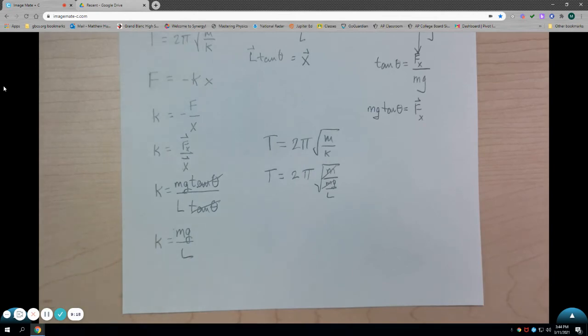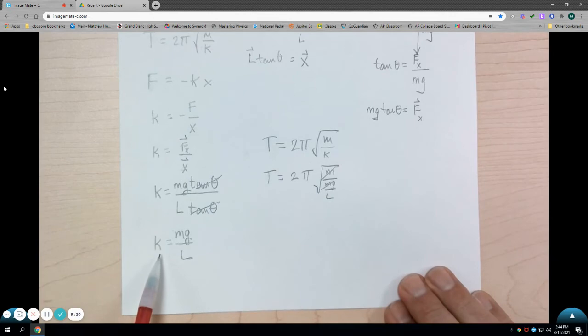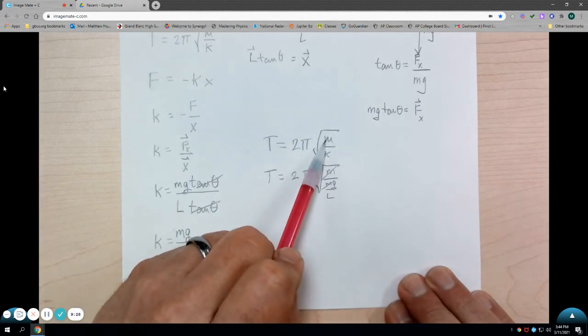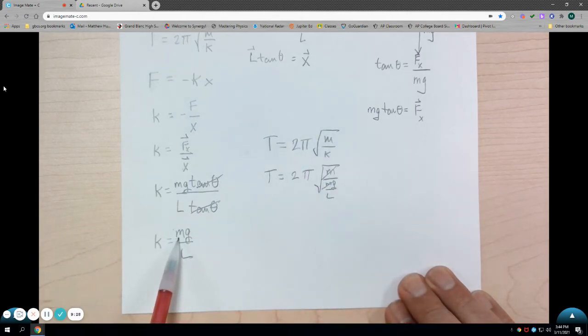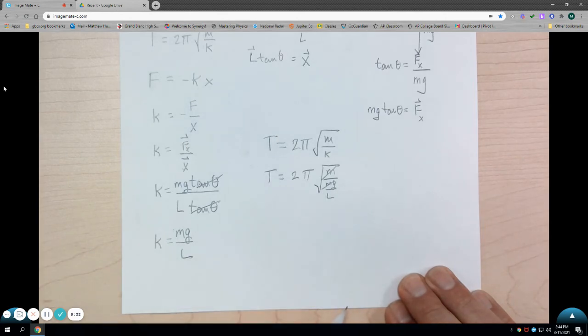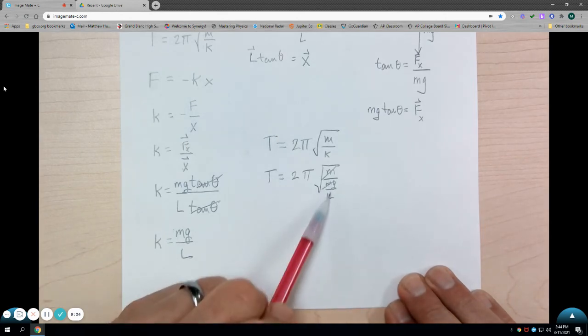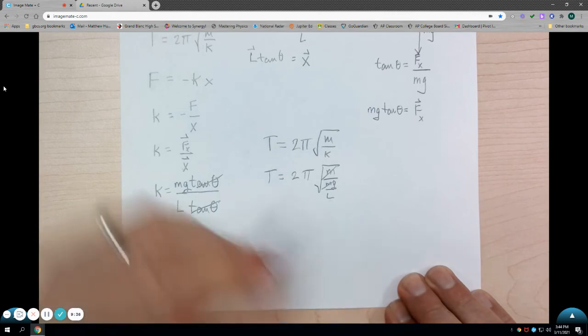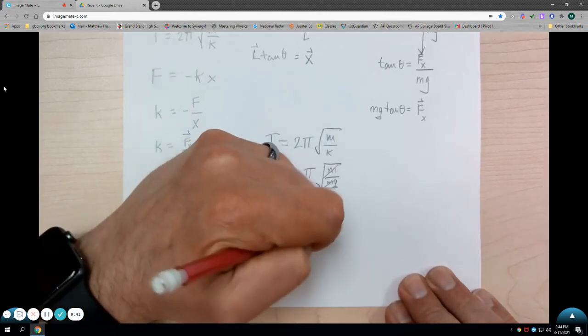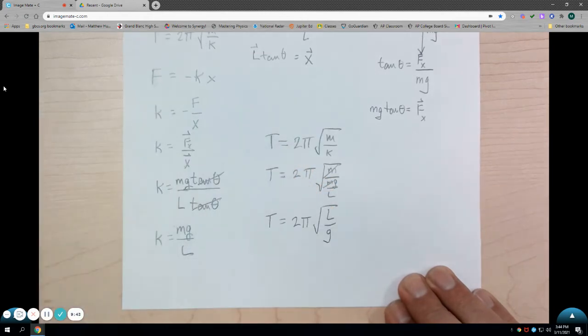That's why. K itself for a pendulum, folks, depends on the mass. So if you increase the mass, yeah, you've increased that, but you've also increased K. So in the end, the mass cancels out. K gets bigger as the mass gets bigger. Now this is a denominator in a denominator, so let me further simplify and say 2 pi root L over g.